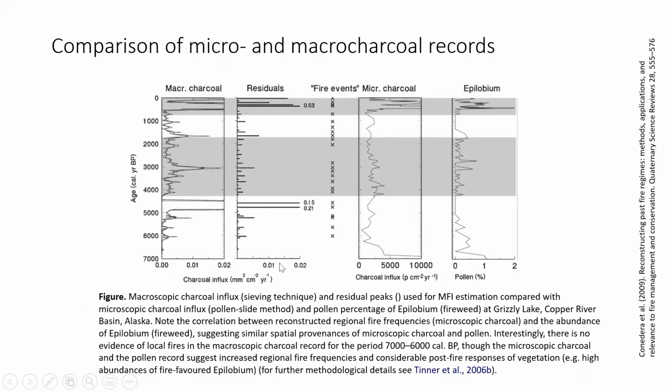And here this residual means that they've taken out the residual between this background charcoal level and the difference to the peaks. So it indicates the fire events, all these peaks. And we can see that, especially towards the modern time, there's a clear increase in the fire events in both local and regional scale.